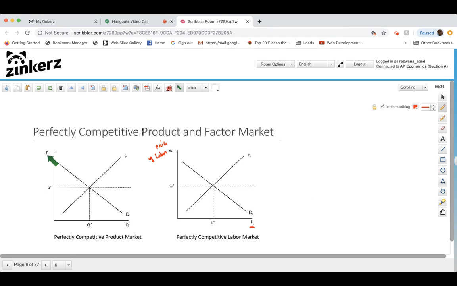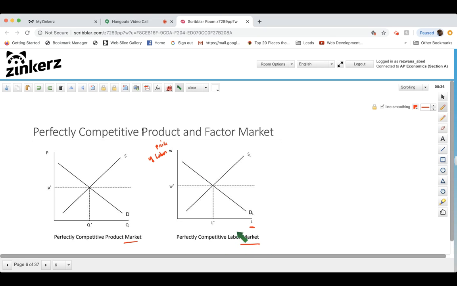The ideas are pretty similar. It's just different terminology, and how you think about it is different, because now firms are no longer on the supply side but on the demand side, and the households are now on the supply side.